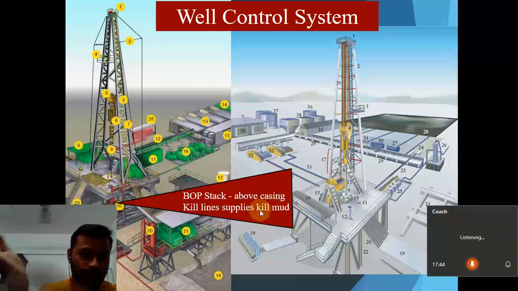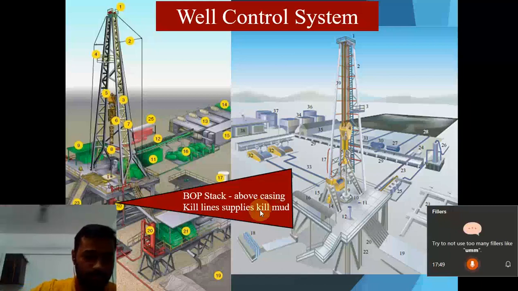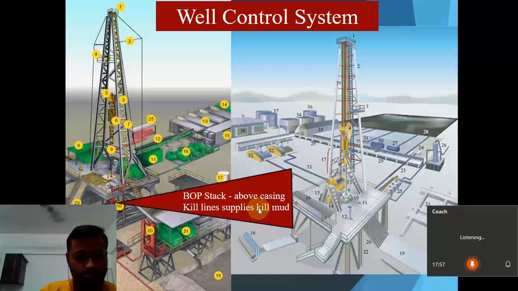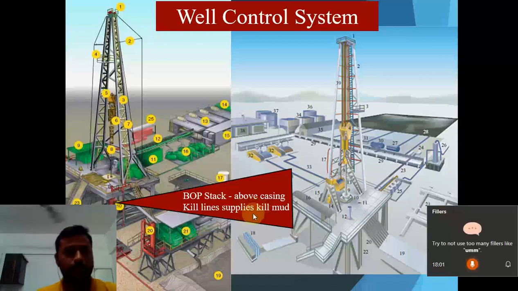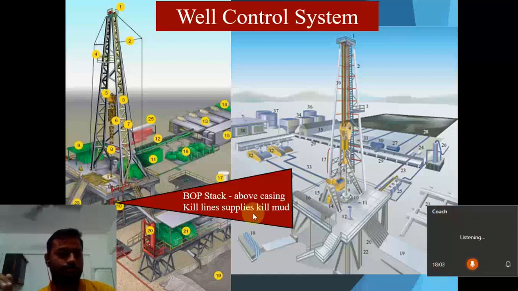Whatever casing you are running goes from downhole to the surface, so all the casings have to be nippled up to the BOP stack. Then the BOP stack has a connection for the kill line, where you can supply the kill mud in case of inflow or increasing gas pressure or formation fluid pressure.